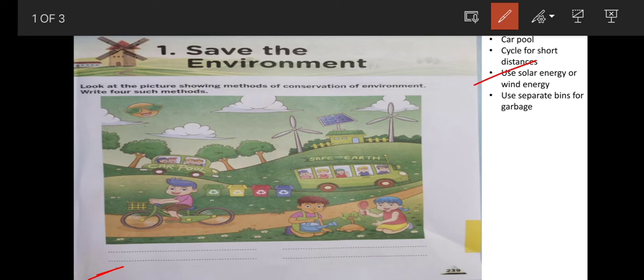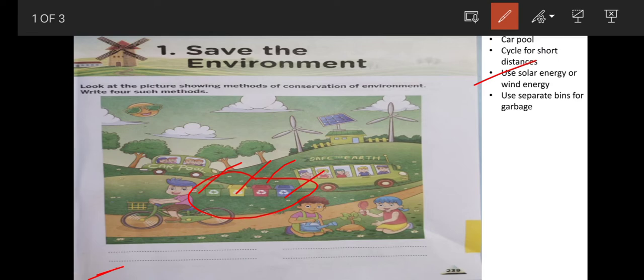Next, let us find out the fourth method. Here we can see 4 dustbins over here of different colors: green, yellow, red and blue. So from this given picture we came to know that we should use different containers, different dustbins to dispose different types of waste.